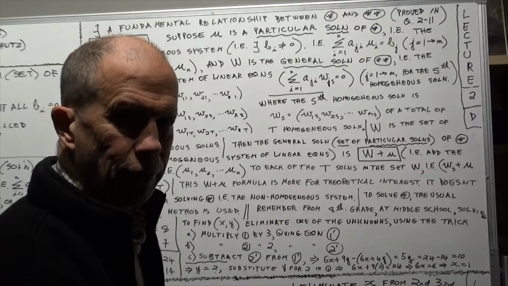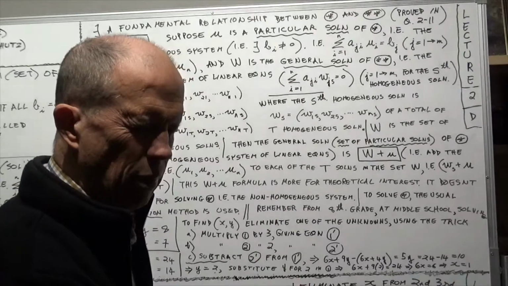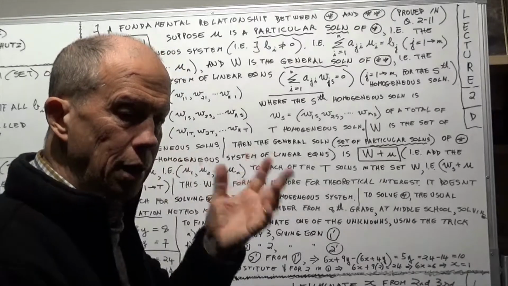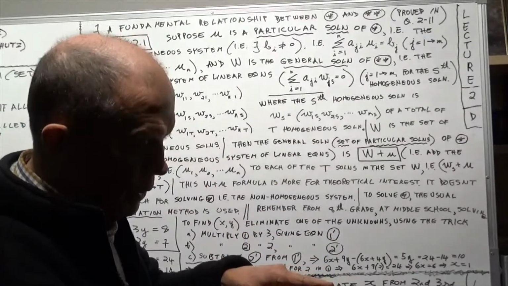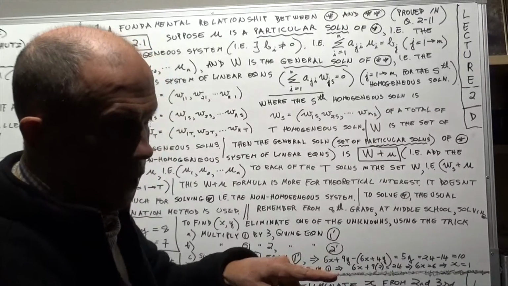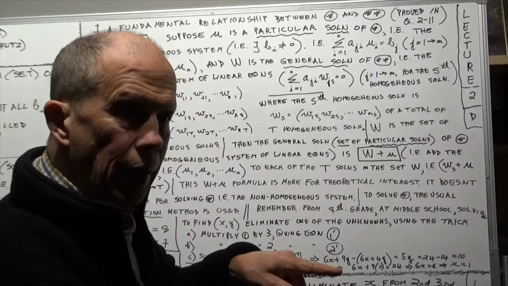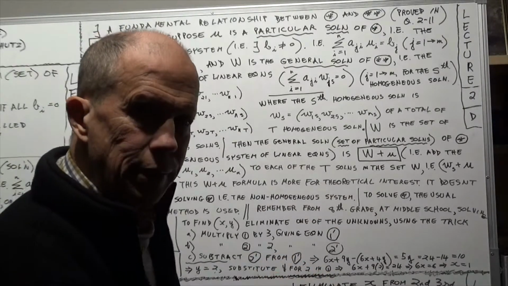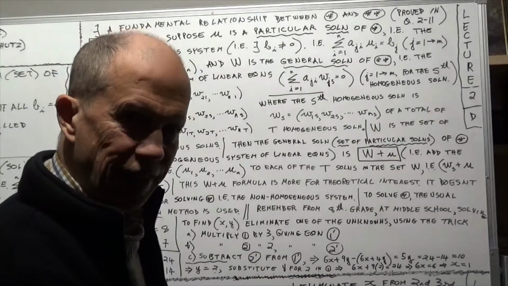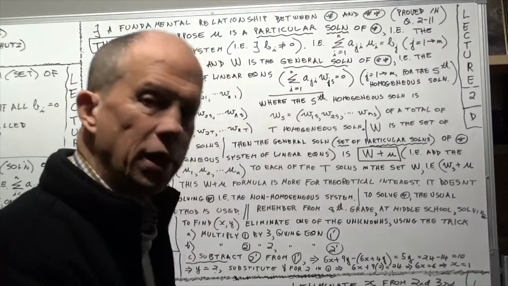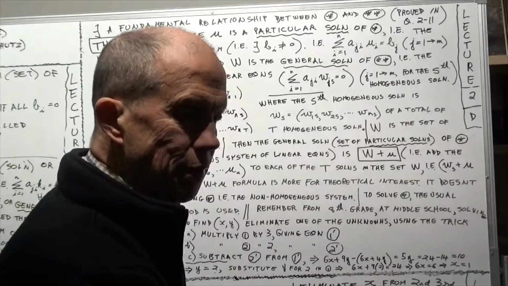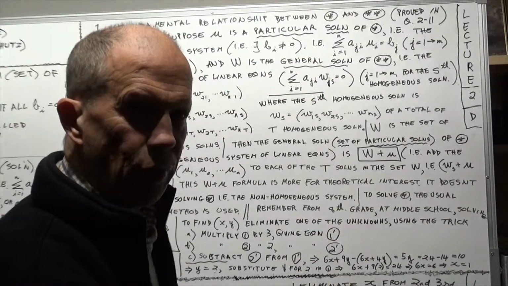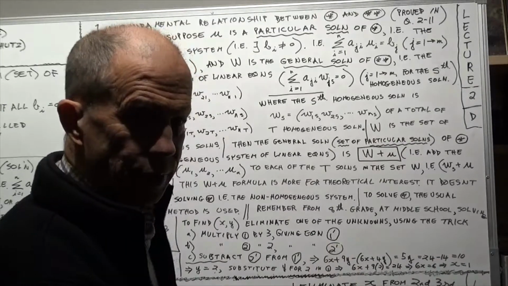If you don't follow what I'm saying right now, don't worry about it too much, because we'll go through this process many times. But the core idea is you take two equations, you do some tricks on them, and the result is you end up with an equation with one less variable in it, and you just keep doing that, one less, until you get a very simple equation with just one unknown in it, which you can then solve.